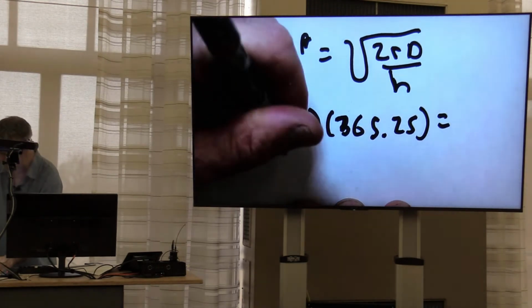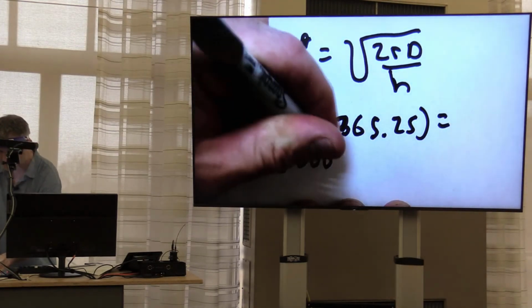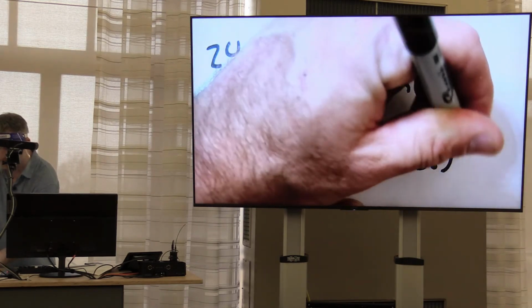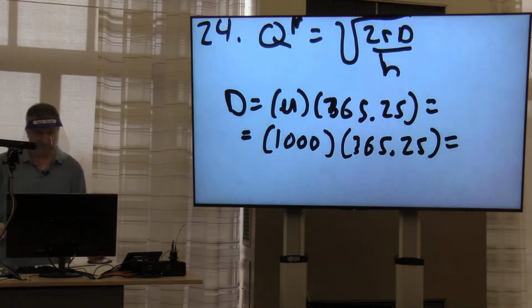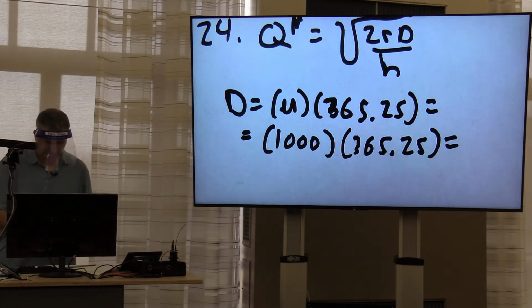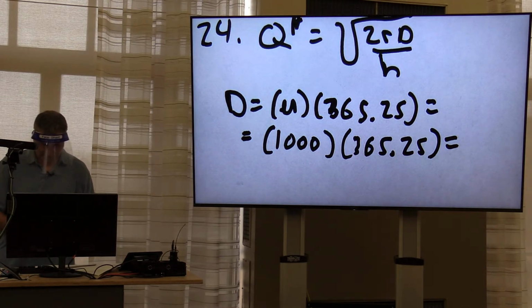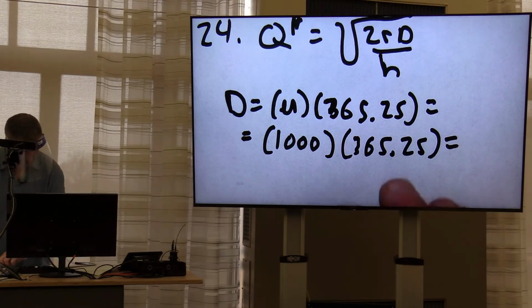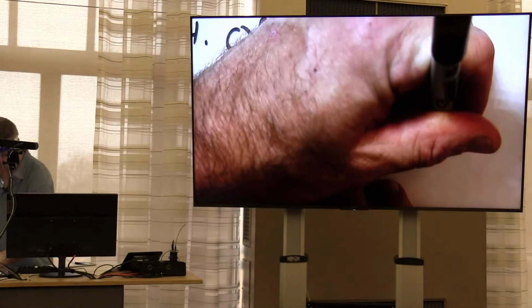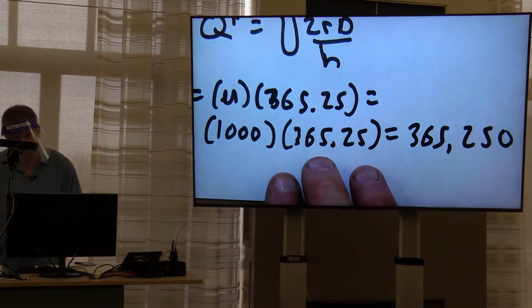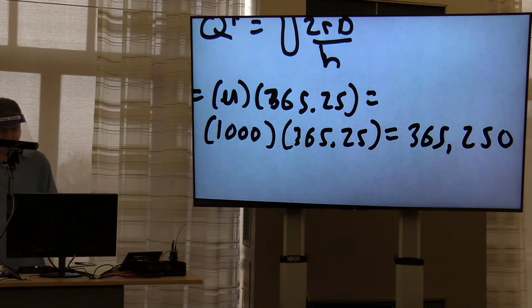So average daily demand was 1,000. 365.25 days in a year. $365,250.